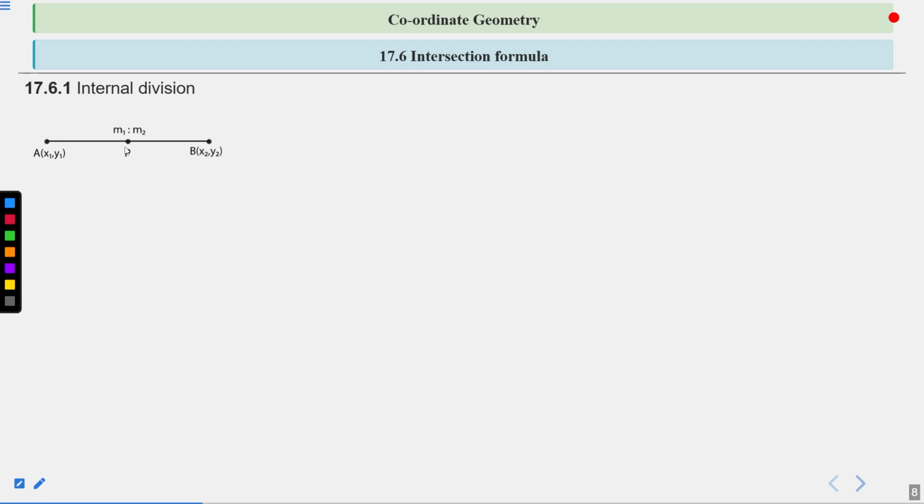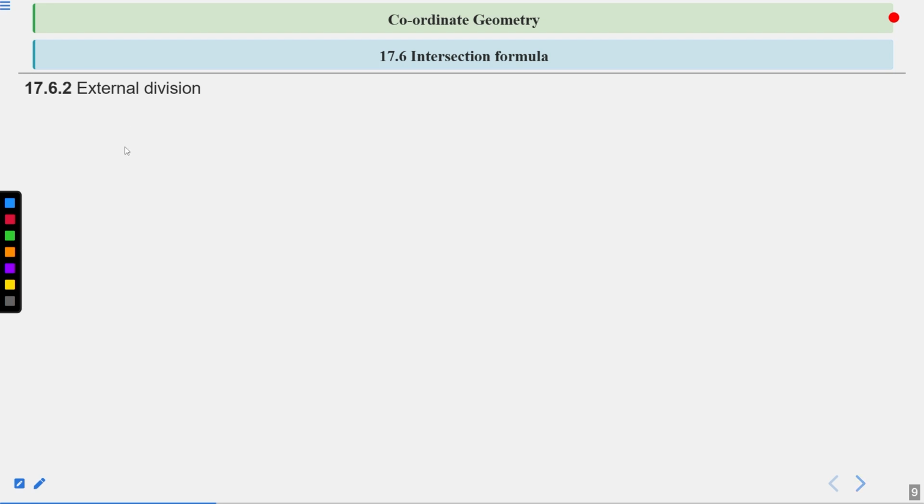We need to calculate the coordinate of P. So the coordinate of P becomes m1 into x2 plus m2 into x1 upon m1 plus m2, which is the x coordinate, and the y coordinate becomes m1 into y2 plus m2 into y1 upon m1 plus m2. So we get the y coordinate of P.